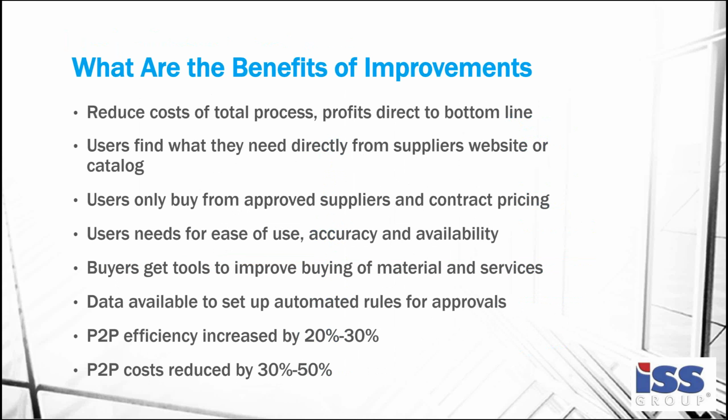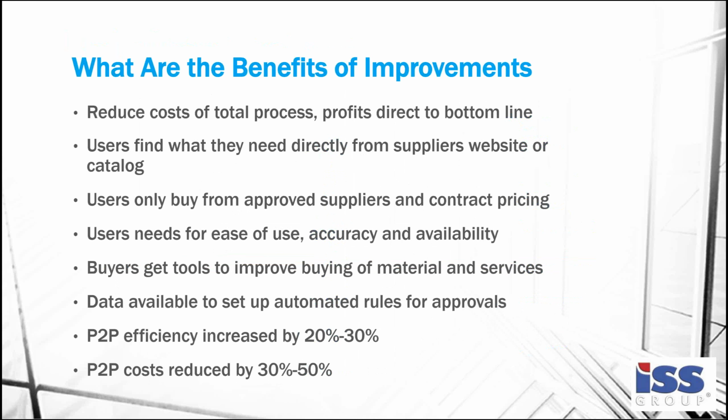So this is where the savings start to accrue. Buyers get tools to improve buying and material services. So buyers get information. Buyers get cooperation and collaboration from the upstream people generating requisitions. This is what happens when you organize your procure-to-pay process in this way.